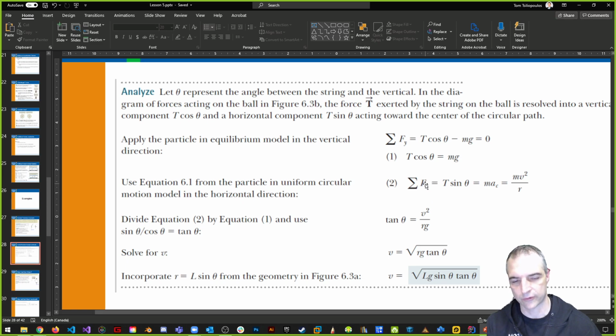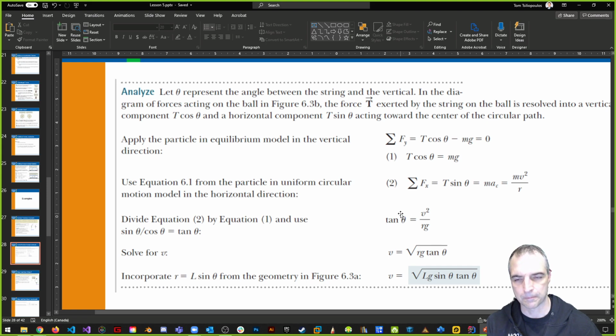Now we're experiencing force. We know that. We take T sine theta is equal to mass times the centripetal acceleration. Remember, we use centripetal acceleration when we have uniform circular motion. And we replace a_c with mv squared over r, so that we get T sine theta is equal to mv squared over r. With some algebraic manipulation, we can find the angle.